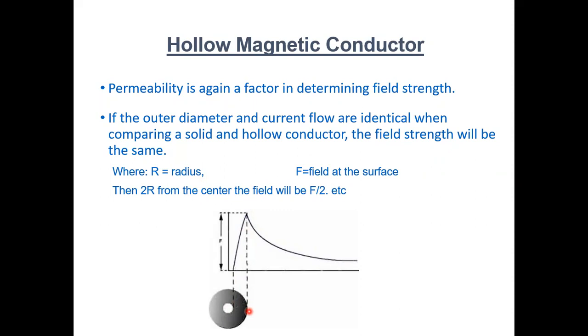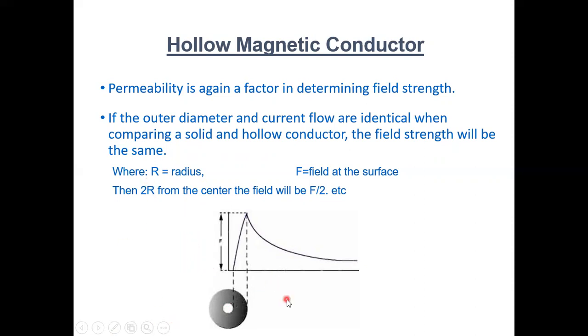Permeability is again a factor in determining field strength. If the outside diameter and the current flow are identical when comparing a solid and hollow conductor, the field strength will be the same. Means whether you use a solid or hollow conductor, the field outside the conductor will be the same, because outside the conductor there is air in both cases. So the permeability of air is the same in both cases, and we get the same field.